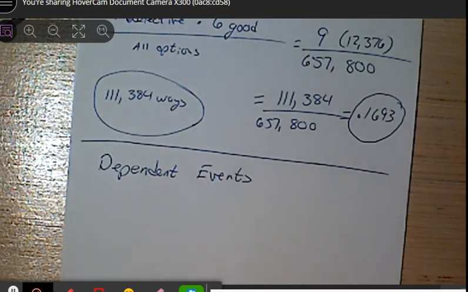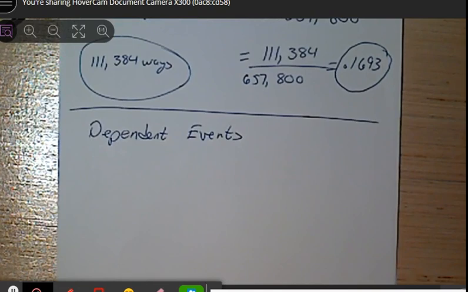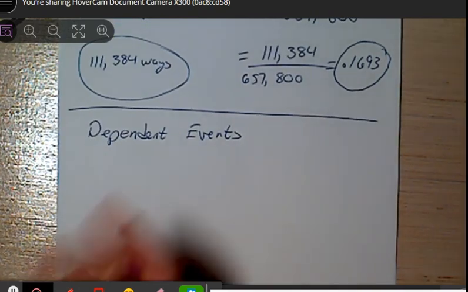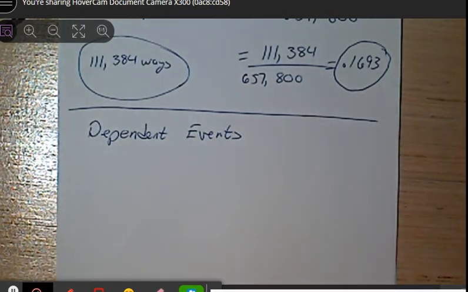And this is where one thing depends on the next thing. Every time you do something, it could be a card problem where you draw a card out of the deck and you don't replace it, and then tell me what the probability is that you get a king the first time and a king the second time and then a queen the next time. So the numbers are going to change, basically, is what it comes down to.